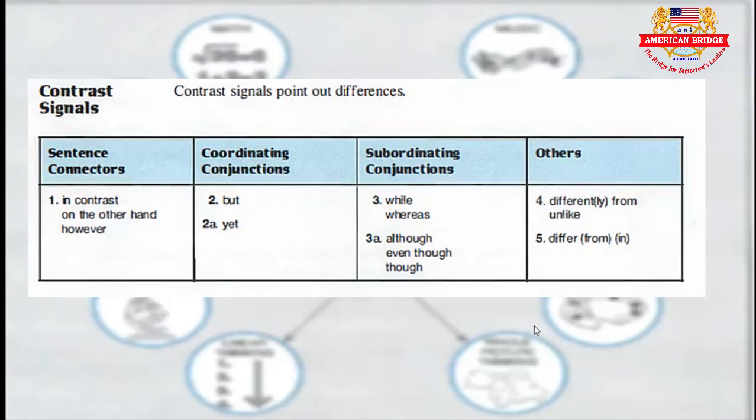For coordinating conjunctions, we use the word but or yet. We use but with a comma, at the beginning of the clause. For example, I like coffee, but I don't like juice.